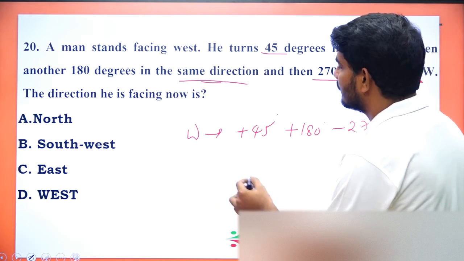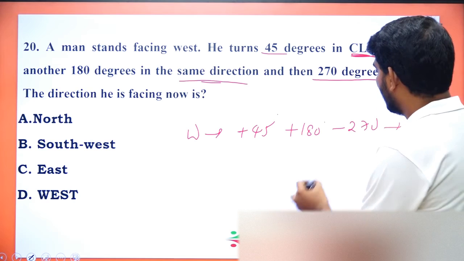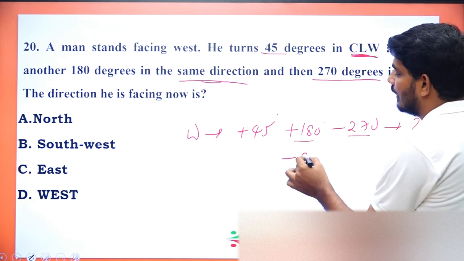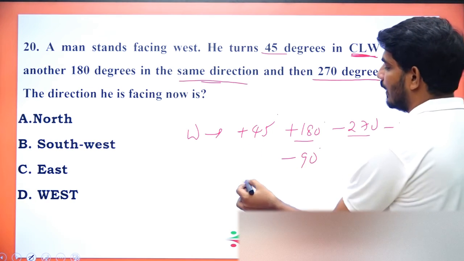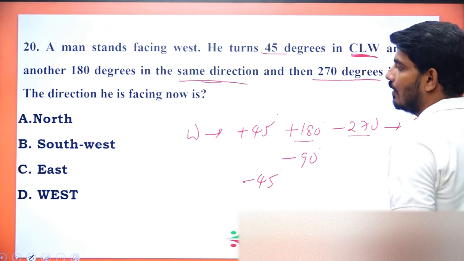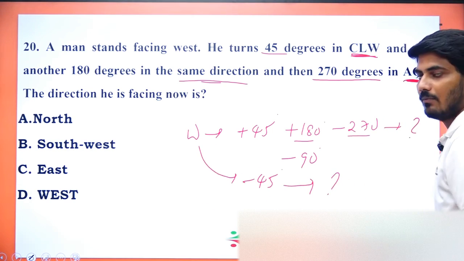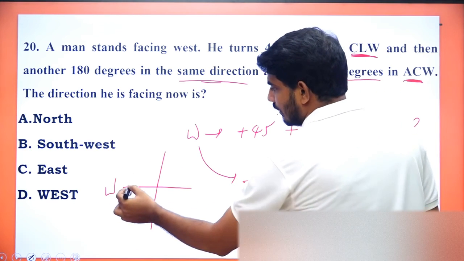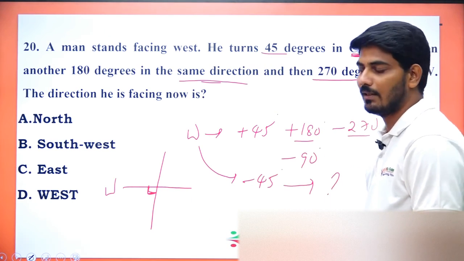The direction he is facing now is? See here, minus 270 plus 180 equals minus 90, plus 45 gives minus 45 left. So from west, we need to find the direction at minus 45 degrees. West will be here, and this complete quarter is 90 degrees.